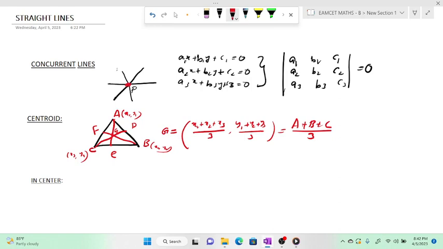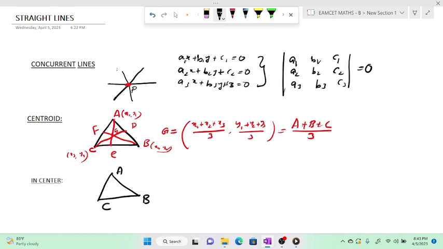Next one is incenter. Incenter means the point where the angular bisectors of the internal angles of a triangle meet. First, let us draw a figure. This is triangle ABC.